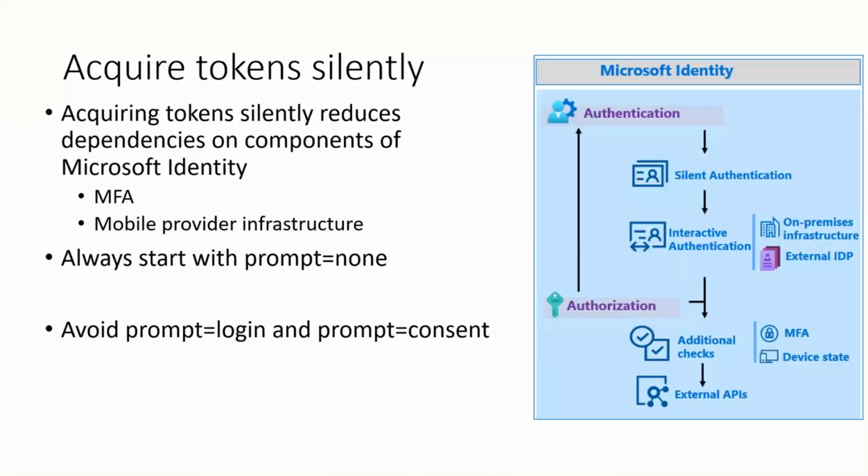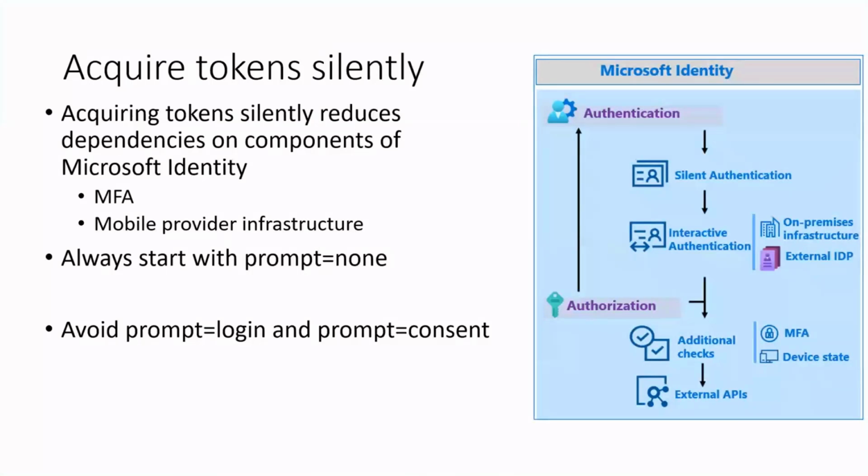Whereas if you do something like prompt equals login, you're causing us to have to go through the login prompt, which might mean off we go for an MFA, and you're putting yourself effectively at the will of the infrastructure between your user and their mobile device in order to pull off those various MFAs. And sure, nowadays things are awfully reliable. There's lots of things there. Just the more stuff you put in the way, the more chance that any link in the chain, if you will, is likely to go down.